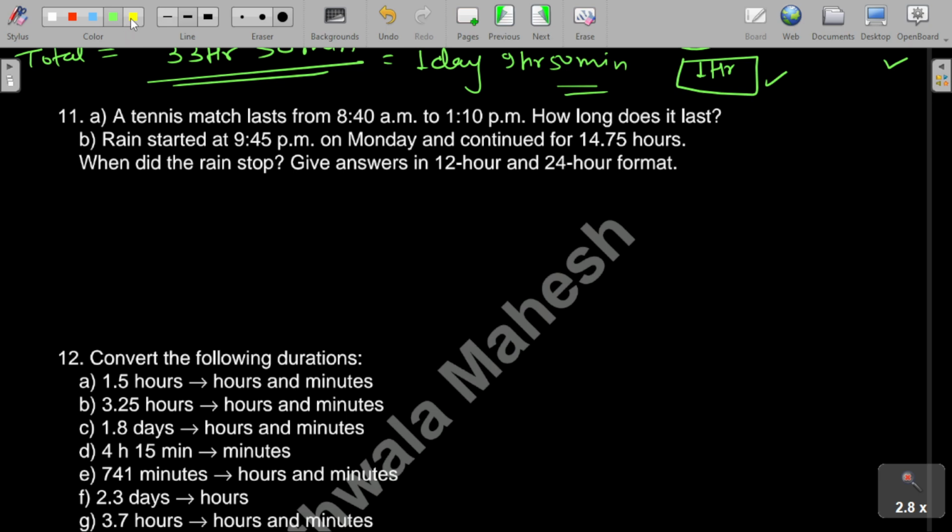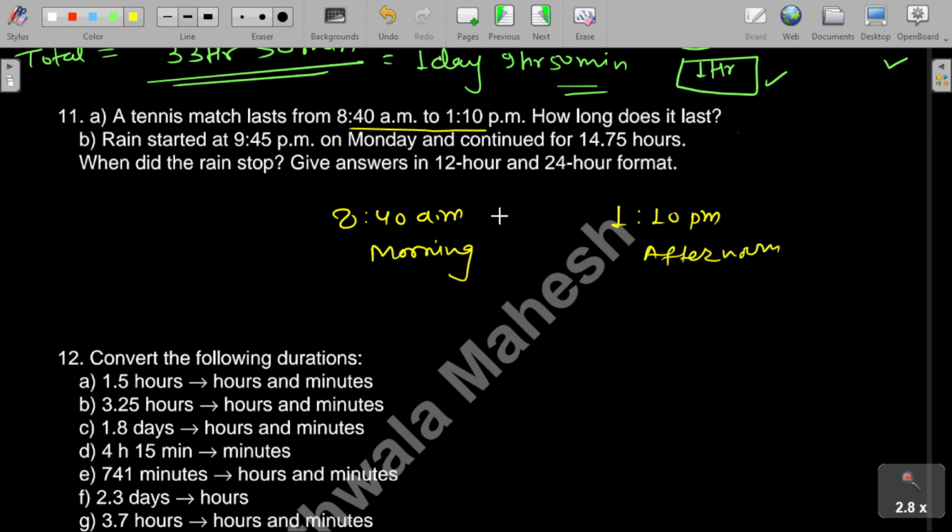So the 11th question. A tennis match lasts from 8:40 a.m. to 1:10 p.m. How long does it last? 8:40 a.m. is in the morning and 1:10 p.m. is in the afternoon.